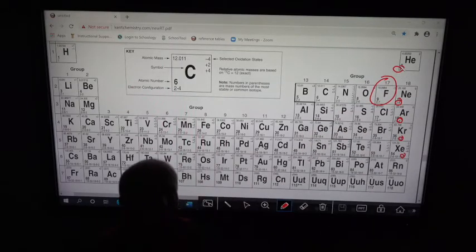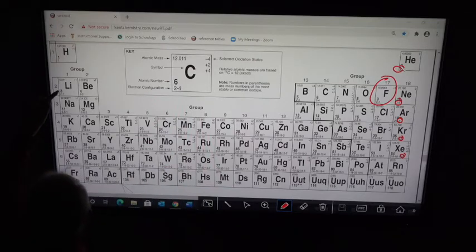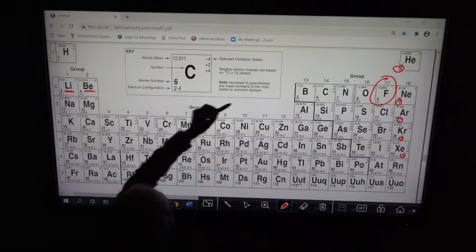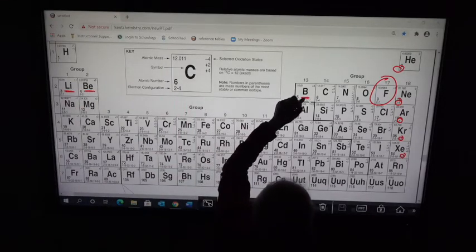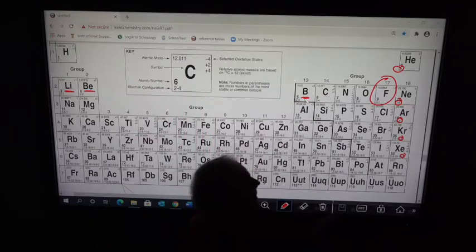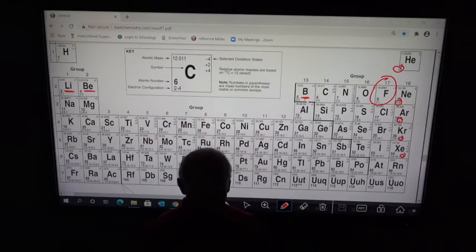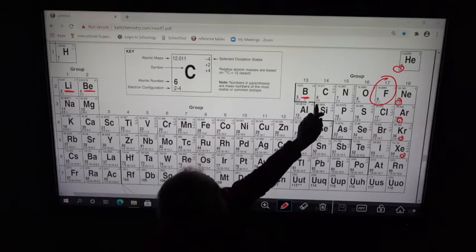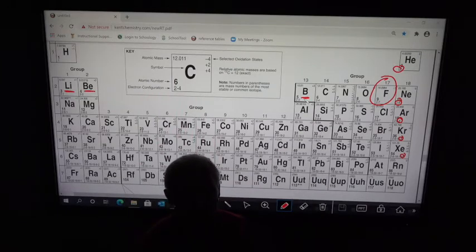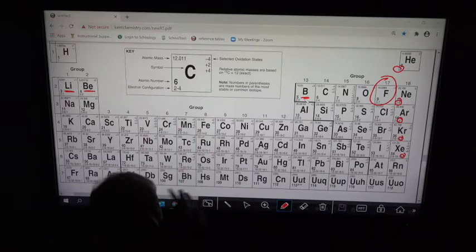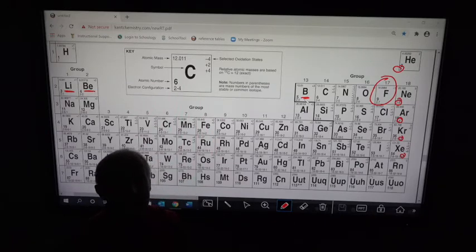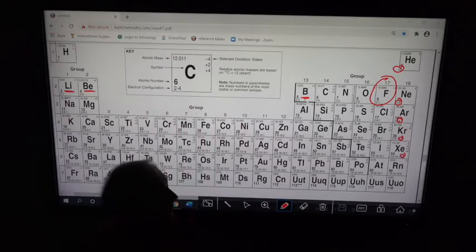The elements that only need 2 in the first shell to become stable would be lithium, beryllium, boron, and carbon is a toss-up, because carbon has 4 in the outside shell, so it can either gain 4 to have 8 or lose 4 and have 2 and look like helium. So remember, that's the setup: every element on the periodic table wants to look like a noble gas electron-wise.